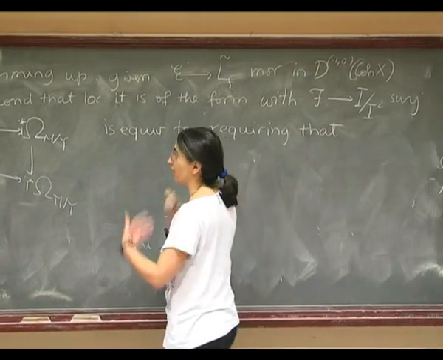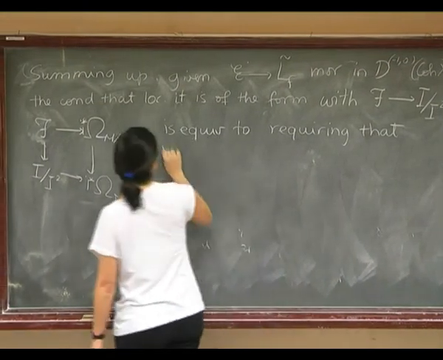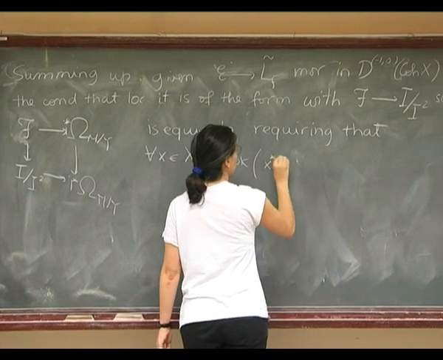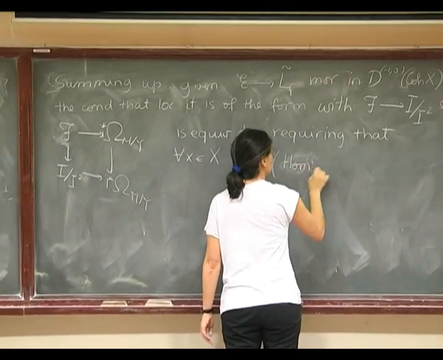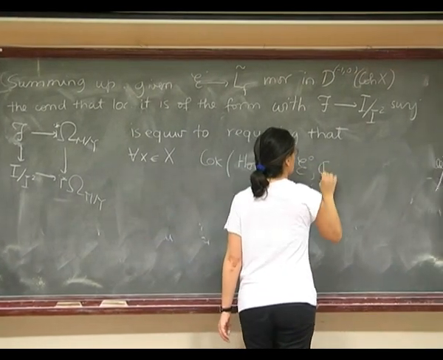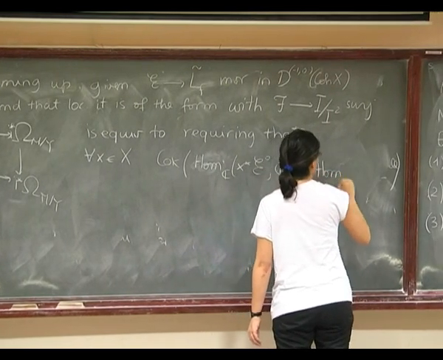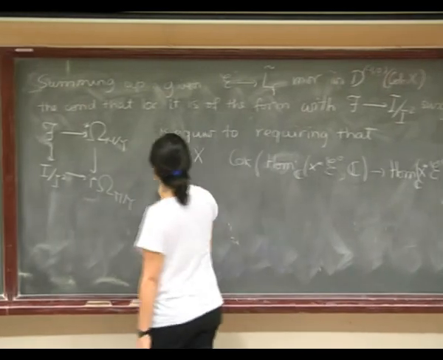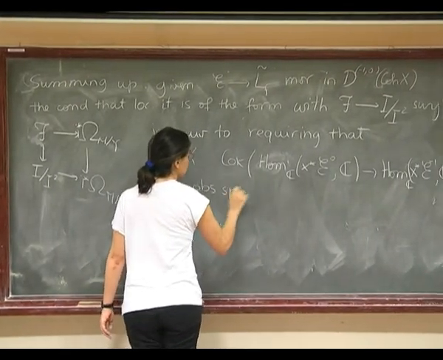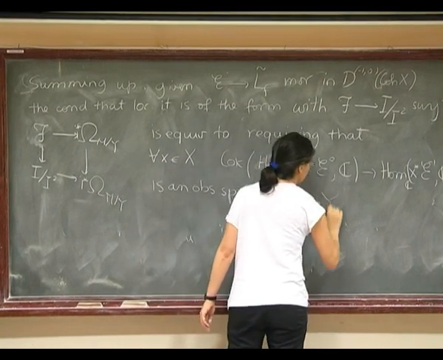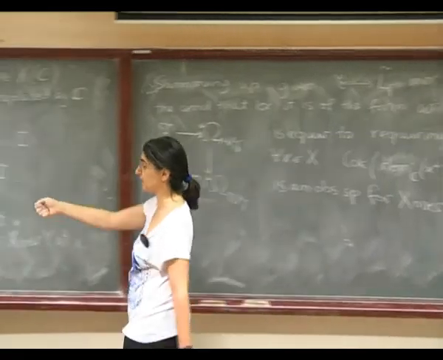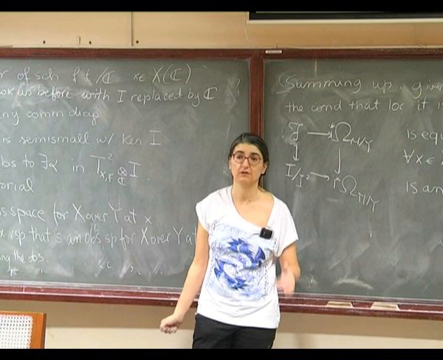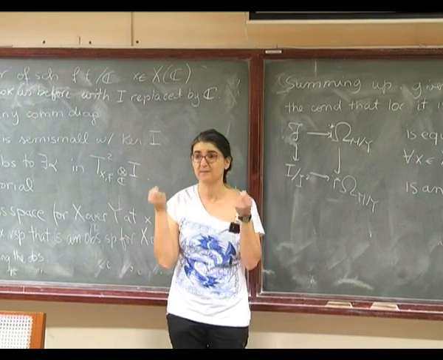that for any x in X, the co-kernel of x pullback of Hom C, x pullback of E0 C, to Hom C, x pullback of E minus 1 C is an obstruction space for X over Y at x, because this gives me an injectivity on the dual, which is an injectivity on the co-kernel, which corresponds to a surjectivity on the kernels, because we are just working on vector spaces, finite dimensional vector spaces.